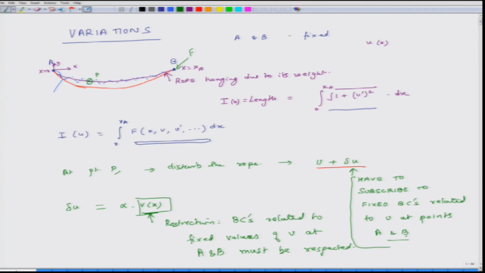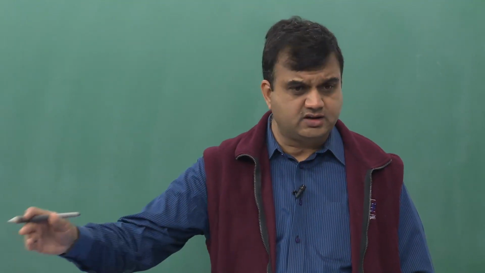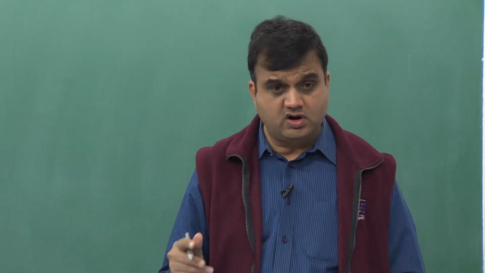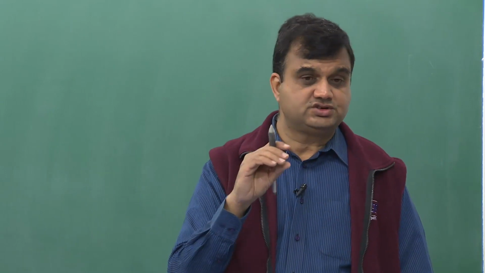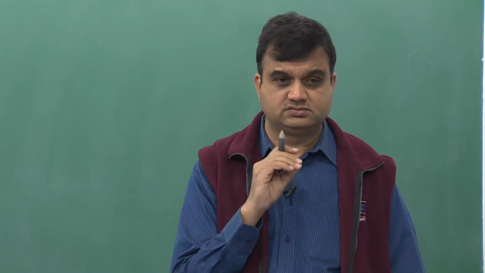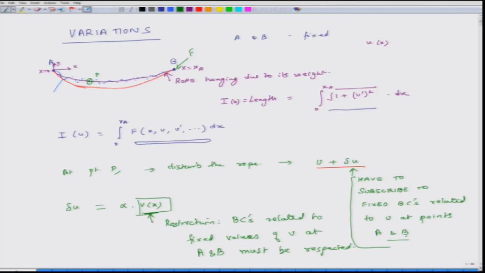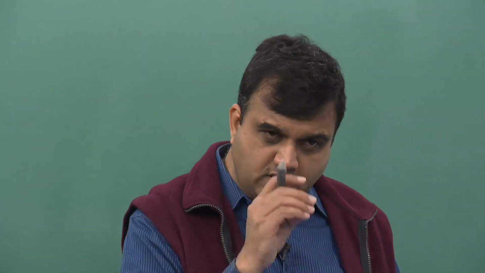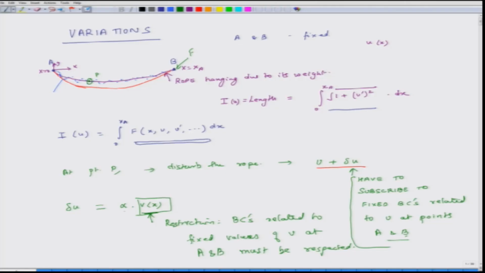Fourth thing, I want in general that these variations, and we will see it later why we want this, we want that the amplitude of these variations should be extremely small. What is extremely small? I mean extremely small. So, I do that by controlling this parameter alpha. I can make this alpha as small as possible.